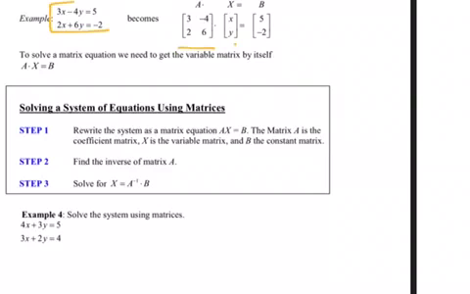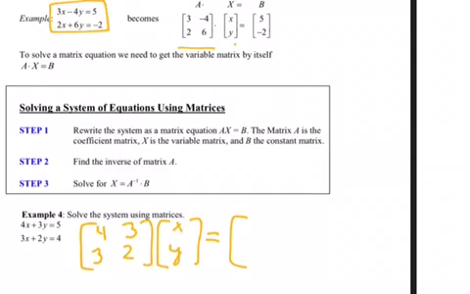I'm just breaking this original system up into matrices in order to solve. So I'm going to set this up as the coefficients, then the matrix of x, y, equals my solution.